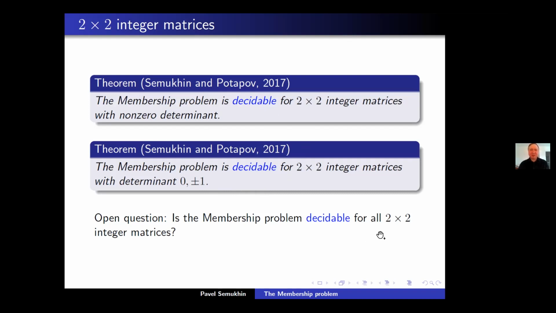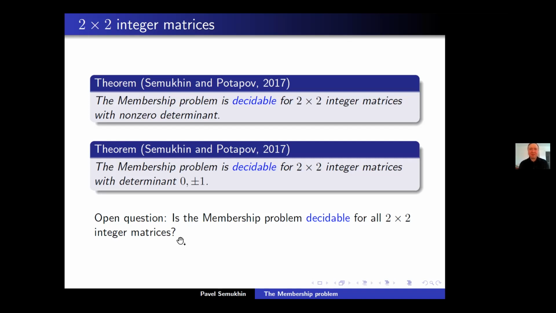But unfortunately, that's not so easy. In fact, it looks like it's not really possible to combine these two theorems together to get the general result. And I personally think that some completely new ideas are required to solve this problem for all 2 by 2 integer matrices.